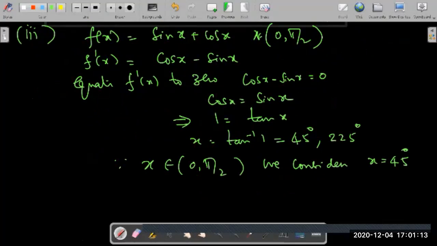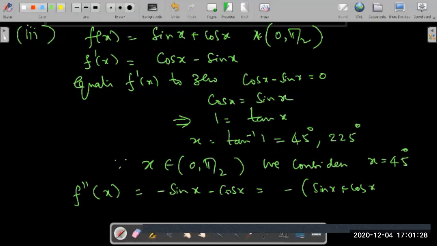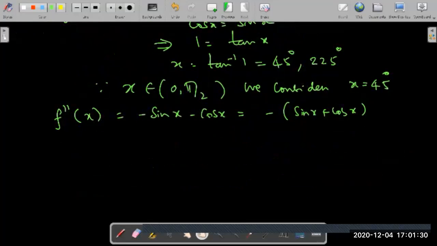Now we have to see f double dash x and then substitute 45 degrees. When you differentiate again, that becomes minus sin x minus cos x. Now I will check f double dash 45 degrees.